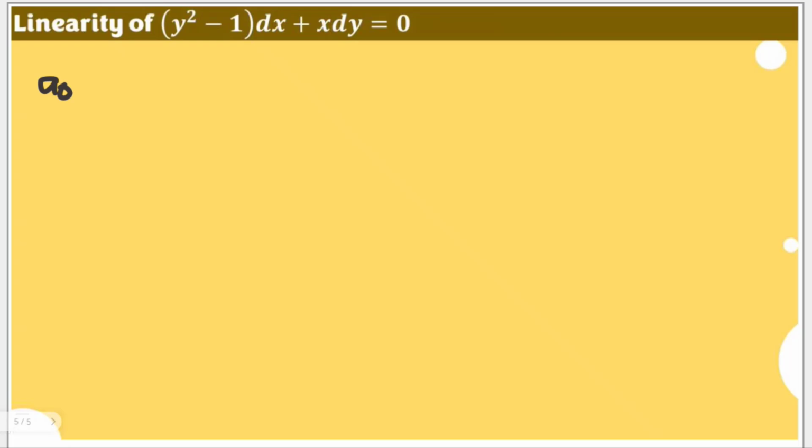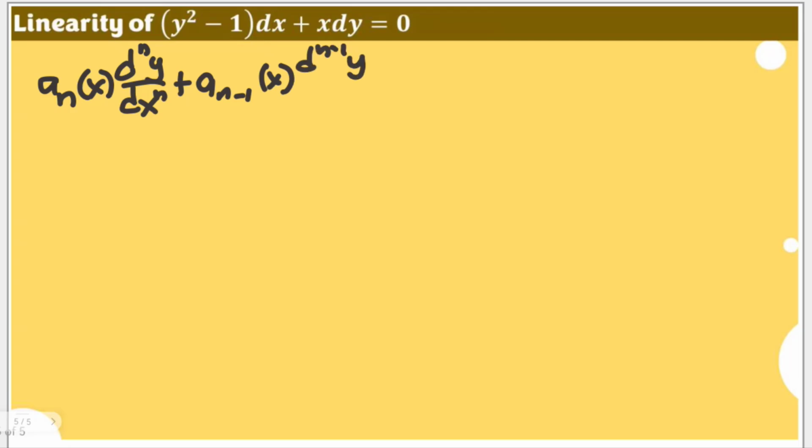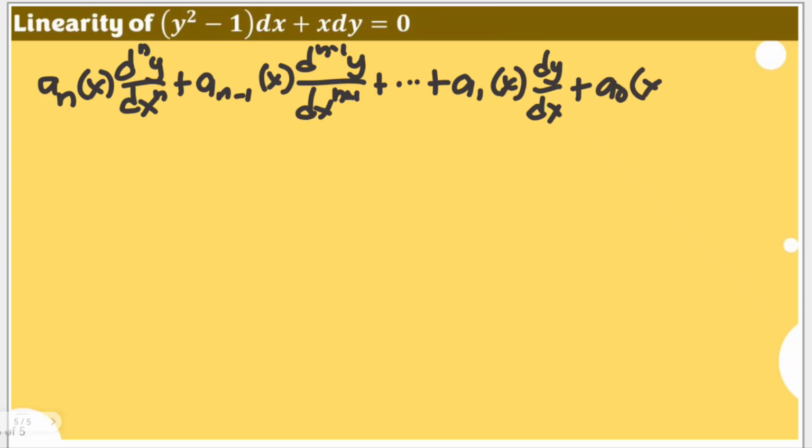You have a sub n times x, by the way, if this is with respect to x, the nth order derivative of y in terms of x, plus a sub n minus 1, still a function of x, times the (n minus 1)th order derivative of y with respect to x, plus dot dot dot, plus a sub 1 times x, times the first order derivative of y with respect to x, plus a sub 0 of x times y, equal to g of x.